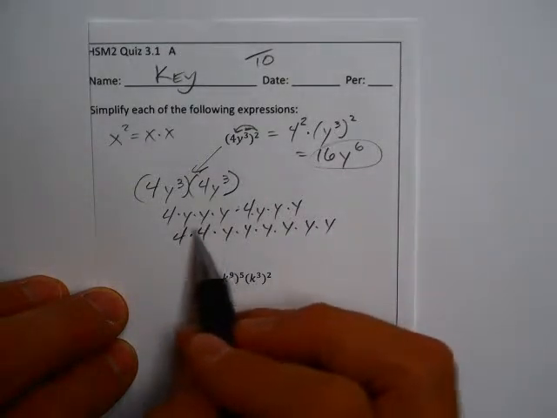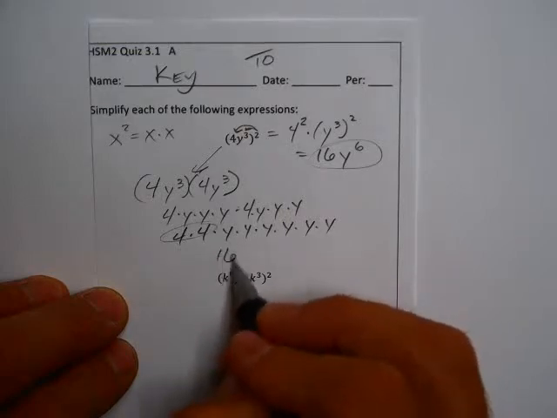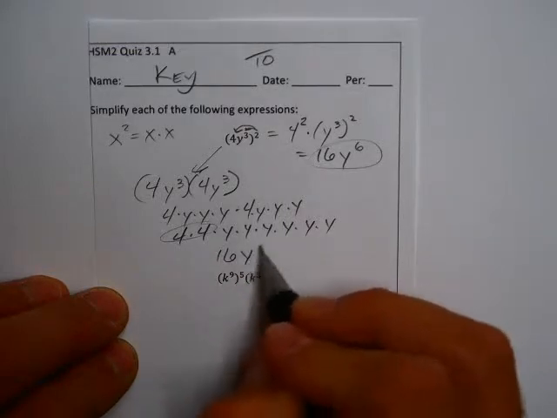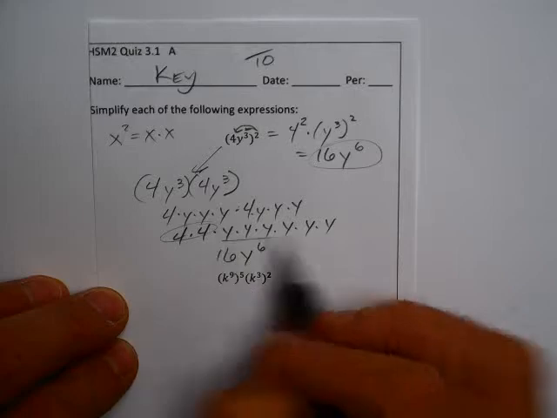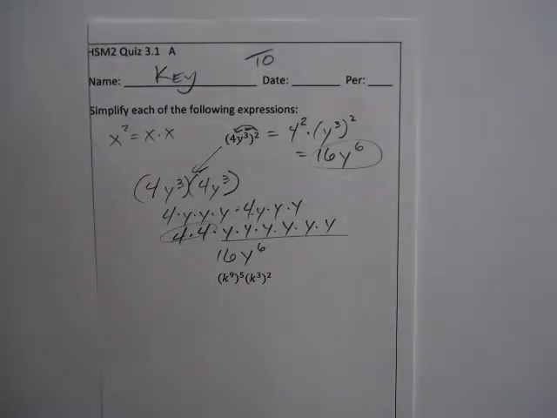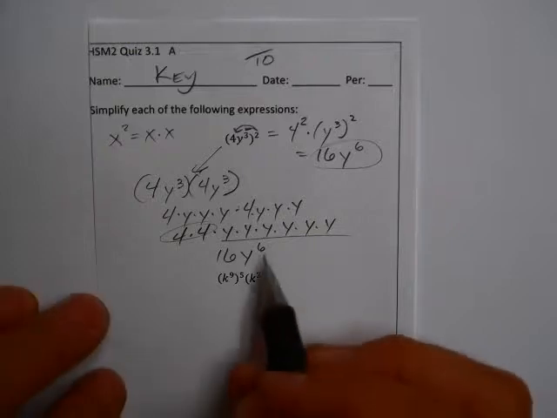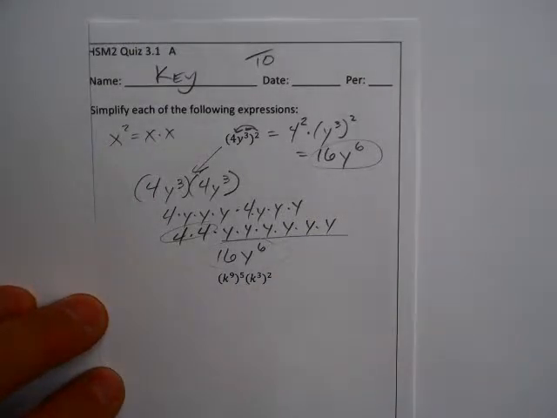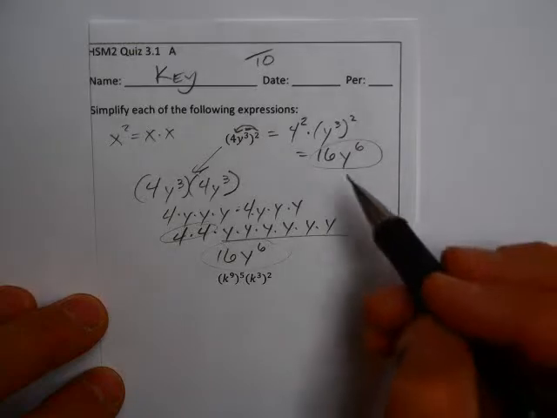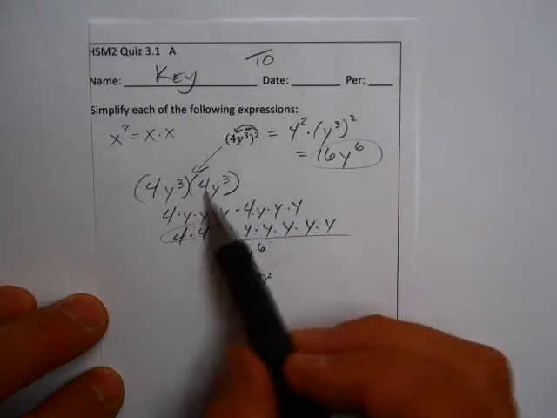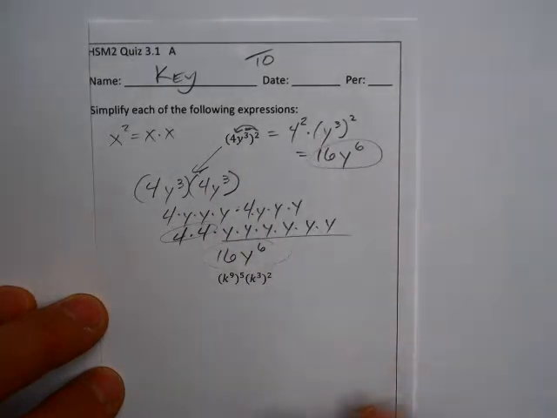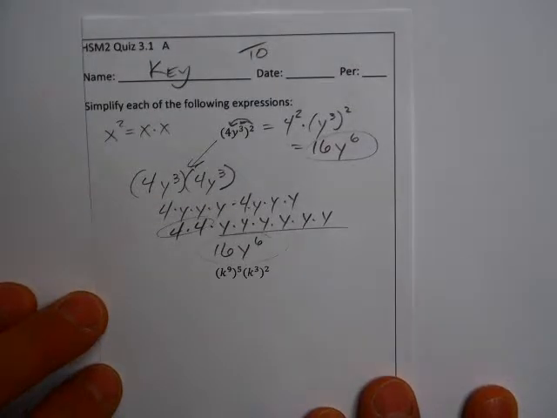And what I see now is that I've got 16 y to the 6th, because I have 6 y's expressed in this when I expand it out. So how we get to this answer is less concerning to me than that we can get to it, whether you're expanding it out or whether you're applying the rules.